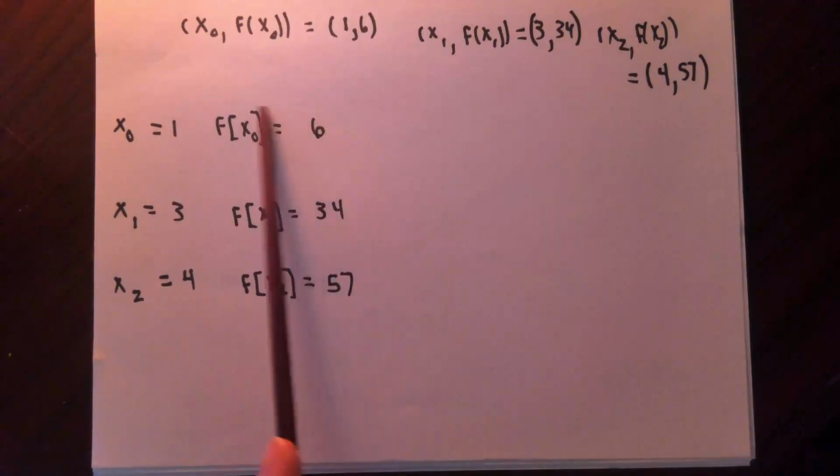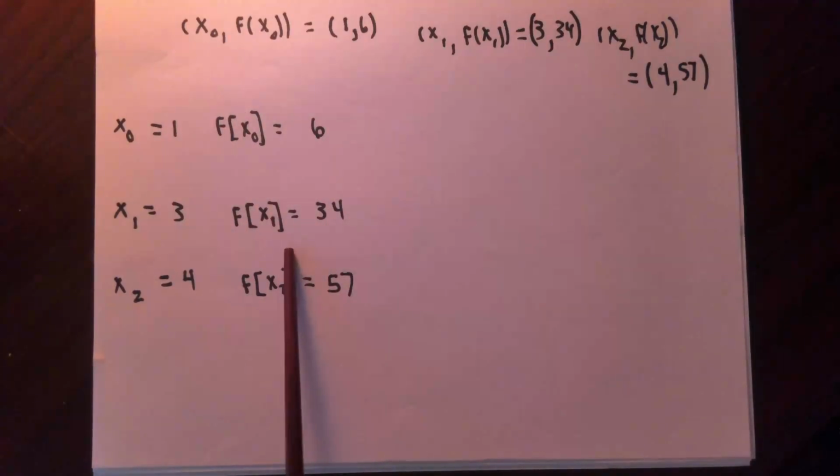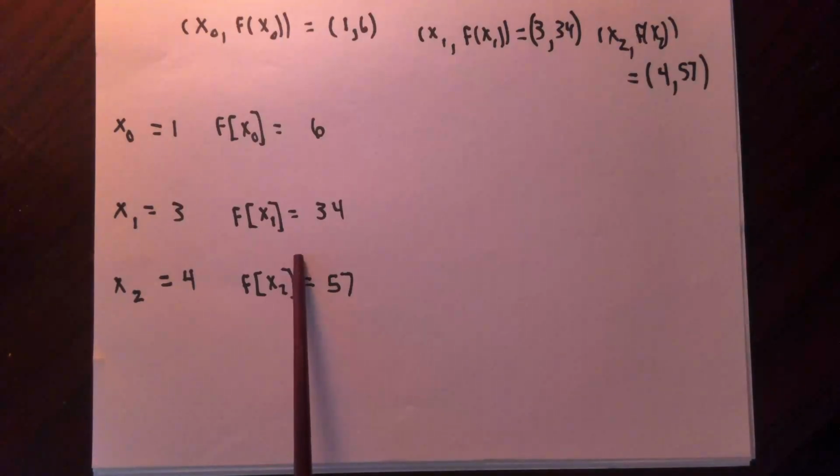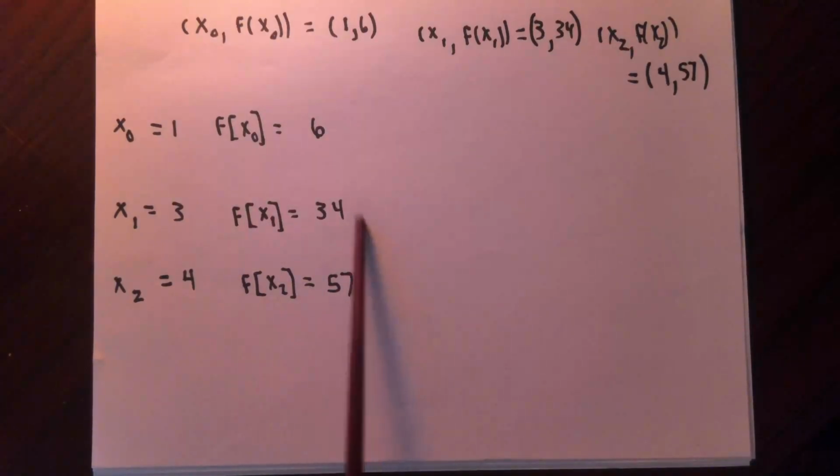It should be possible to use these two pieces of information to figure out what f bracket x0, x1 is. In an exactly similar way, it should be possible to use these two pieces of information to figure out what f bracket x1 and x2 are.